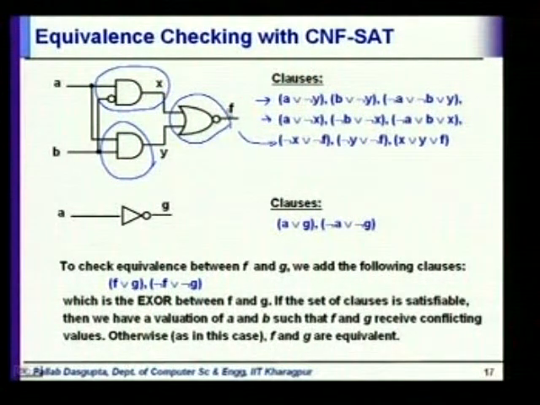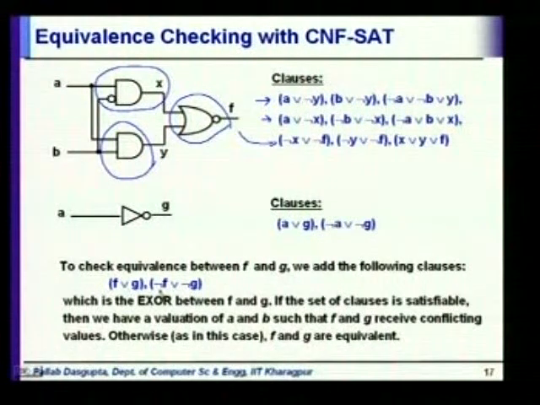Now, if that is the case, then the negation of that will be unsatisfiable, in the sense that f1 and g0, and g1 and f0, will be unsatisfiable. So, I take the XOR of f and g. What are the clauses corresponding to the XOR of f and g? f or g, and not f or not g.